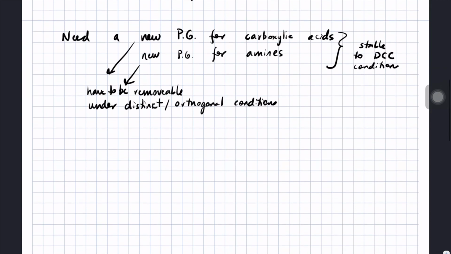The protecting group for a carboxylic acid, and there's actually a few of these, but the most convenient one that your text uses right now is the so-called benzyl ester.